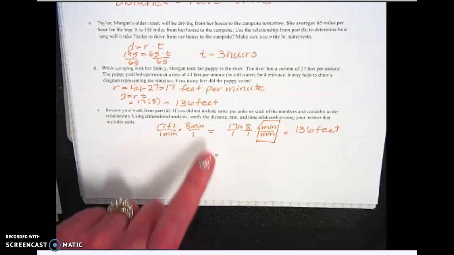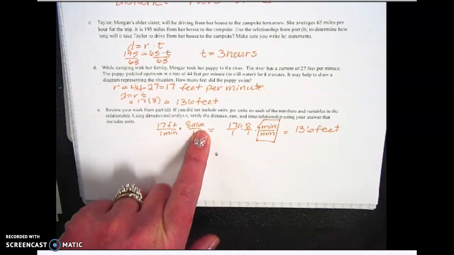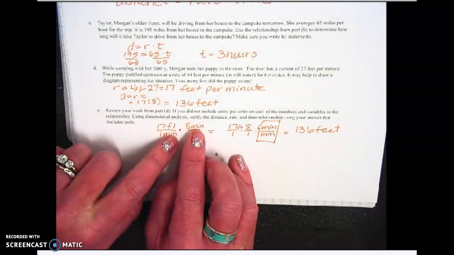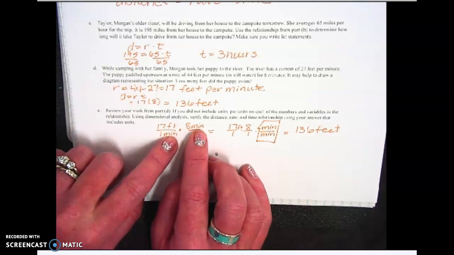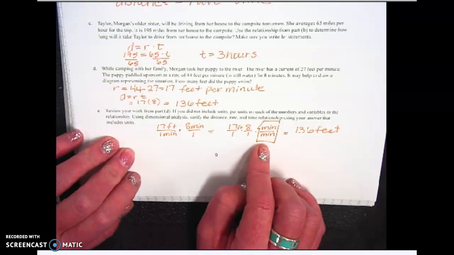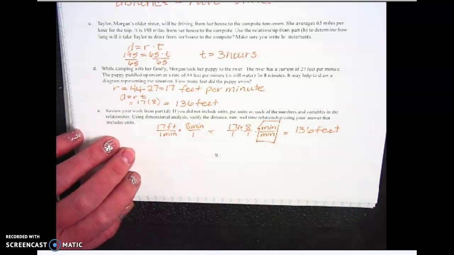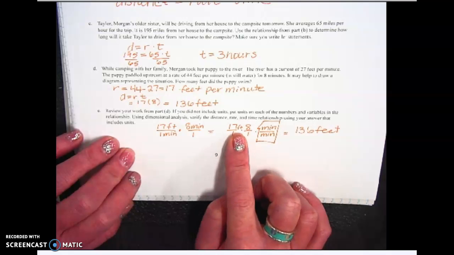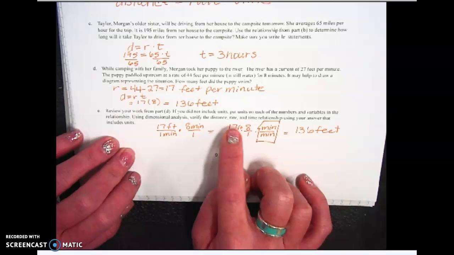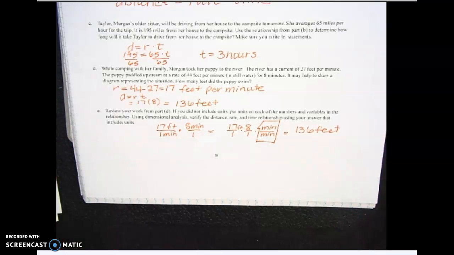And it took that puppy 8 minutes. Since both of these have units of minute, they want you to group the minutes together, which makes that big 1, and they cancel. That means your units that are left are feet. So when you multiply the 17 times the 8, you get 136 feet.